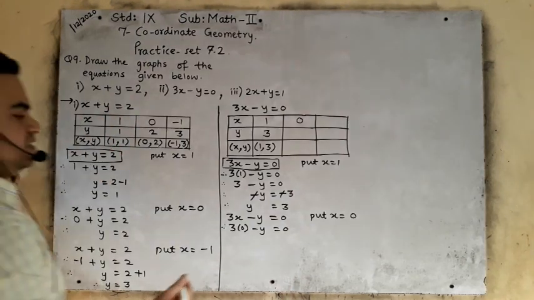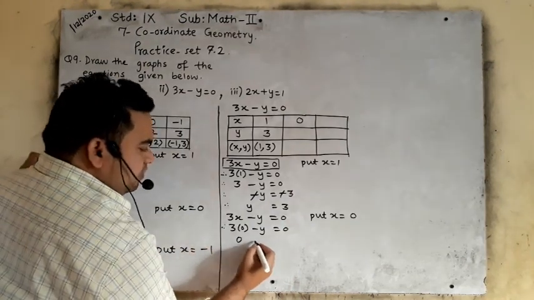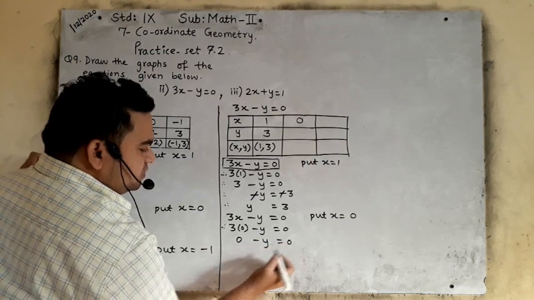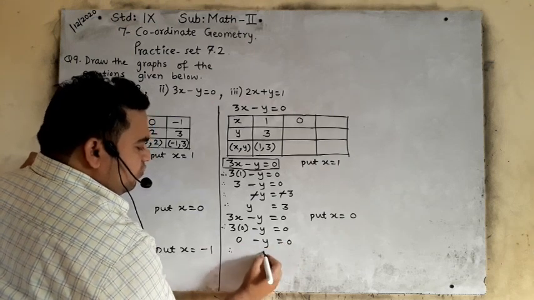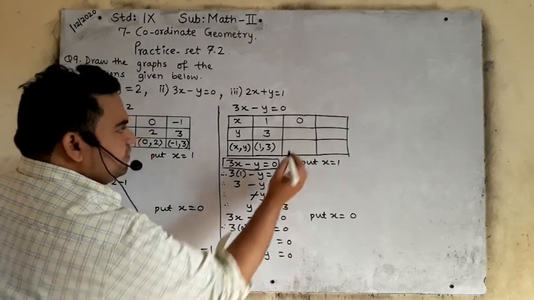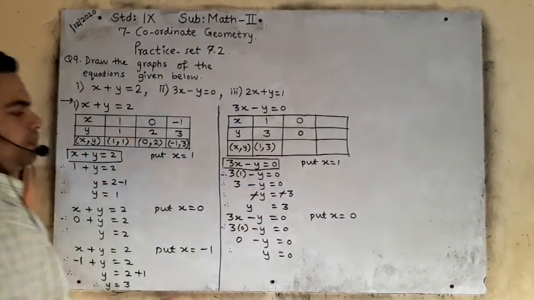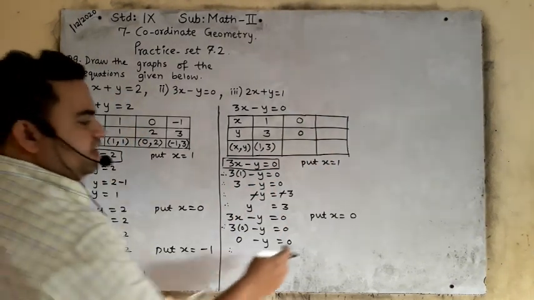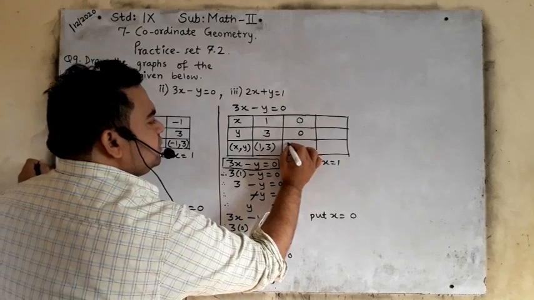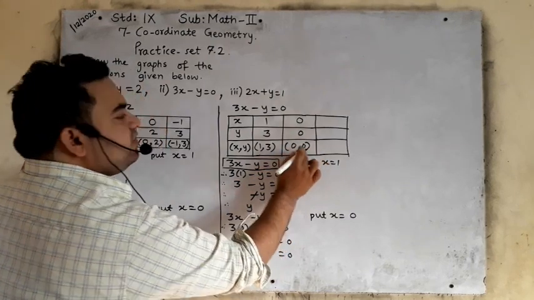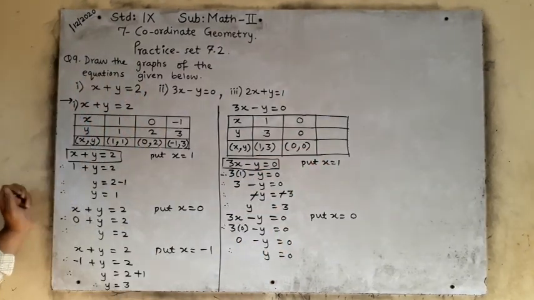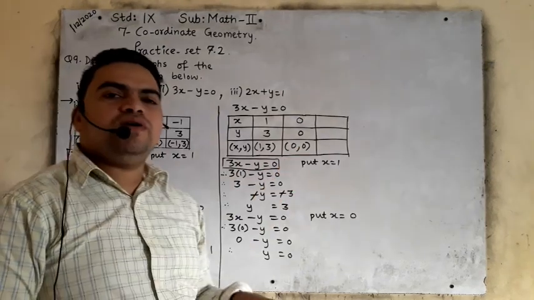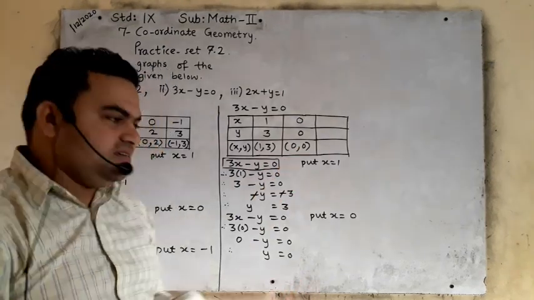Okay, so 3 zeros are 0, minus y is equals to 0. So therefore y is equals to 0. See, x coordinate is 0, y coordinate is also 0. It means 0, 0. Where will be the 0, 0? Origin. 0, 0 will be at the origin. Is it clear?